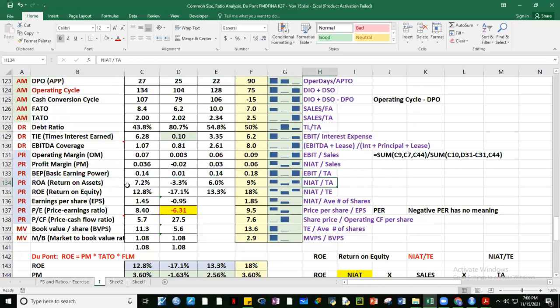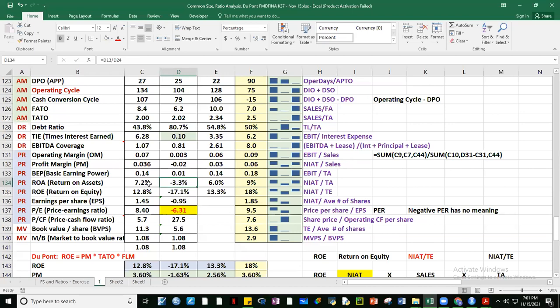Okay, so dito, guys, 7.2 centavos ang profit ng company per peso of assets. Okay? So we pale in comparison to the benchmark company kasi 9% sila. Okay, and then ito naman nung 2020, loss nga.